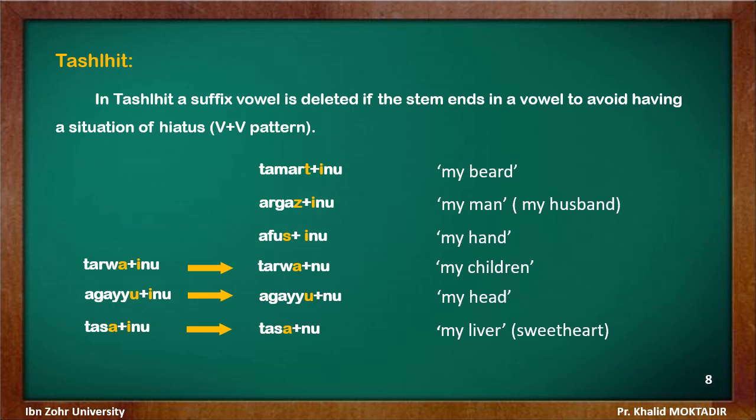The vowel of the possessive pronoun inu is dropped to keep the CV pattern, and so darwa inu is pronounced in fact darwanu. Ageyu inu is pronounced ageyunu, and tesa inu is actually incorrect. The correct form would be tesanu.